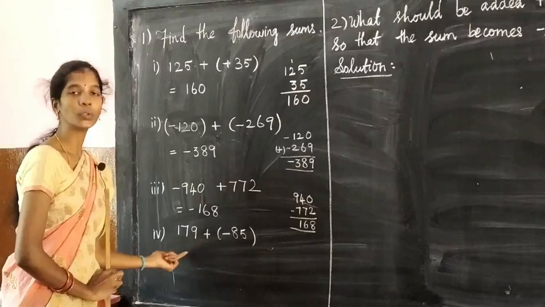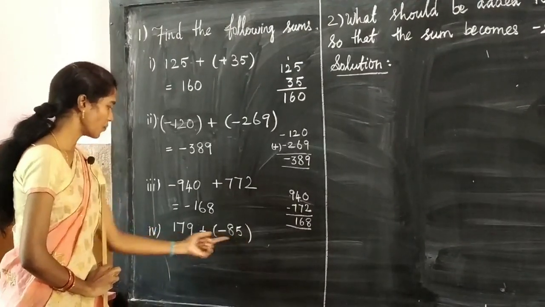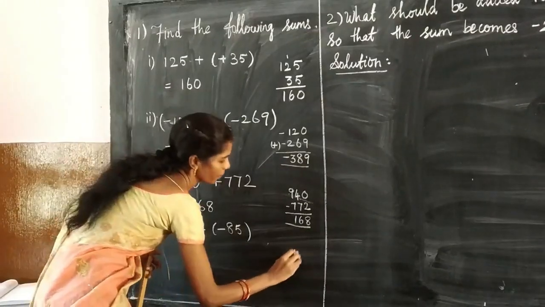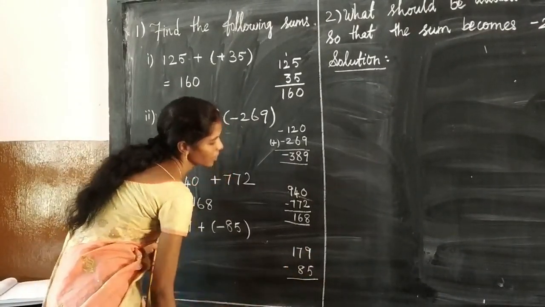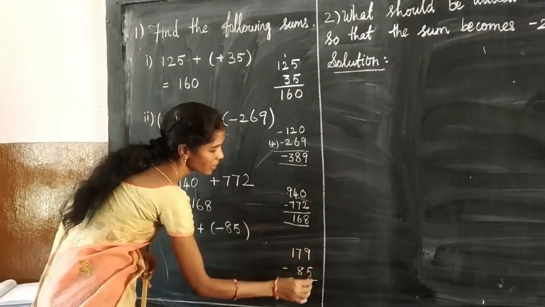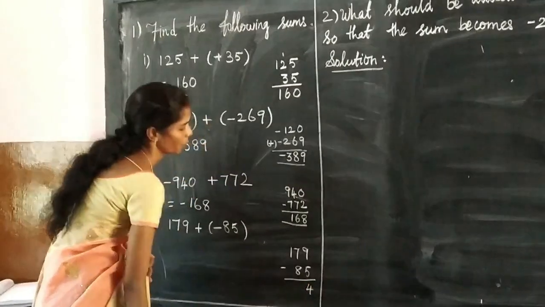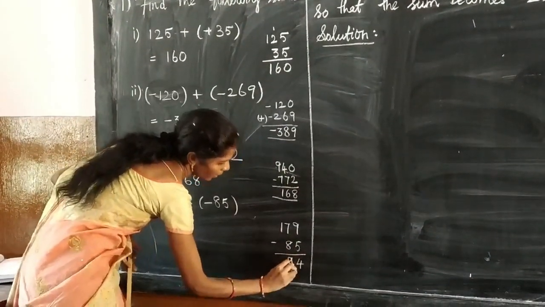Next one, here also one positive number, one negative number. So what do we have to do here? Subtraction. So we have to subtract 85 from 179. 179 minus 85. Okay. Then 9 minus 5, 4. Then 17 minus 8, 9.